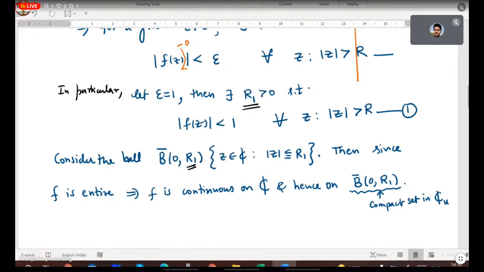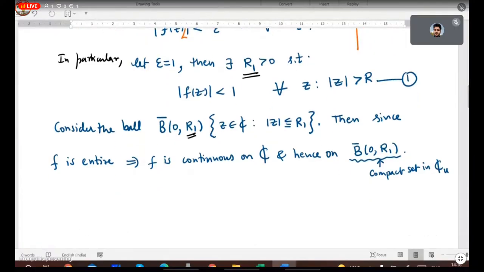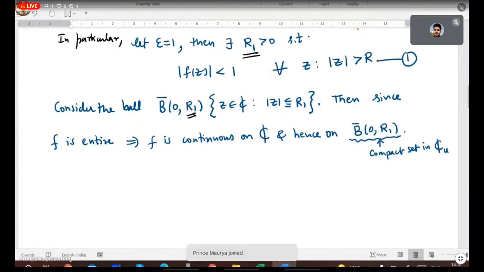C endowed with the usual metric is a metric space. And class, you know it from your graduation that every continuous function defined on a compact set is bounded. Right, class? Yes, sir. So therefore f is bounded on this. And class, what is the meaning of bounded?